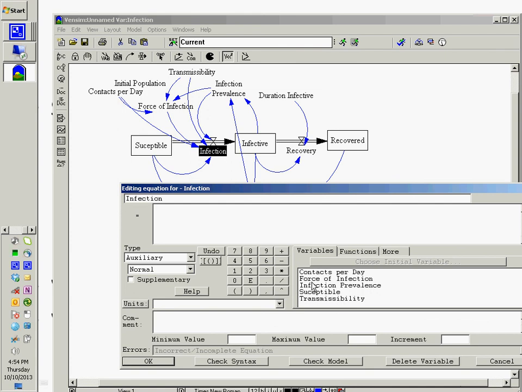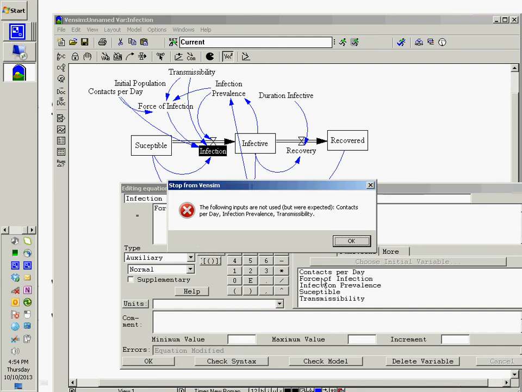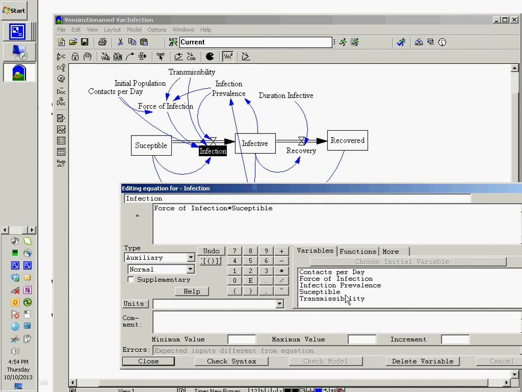Now, personally, I'd like to put force of infection first because I like to phrase this like alpha times x, where x is the stock. But it can be done in either order because, after all, multiplication commutes. Okay, so I have force of infection times susceptible. And if we say enter, it'll say, oh, it's not used. This is Vensim PLE's nonsense. So, okay, we have to leave out of that.